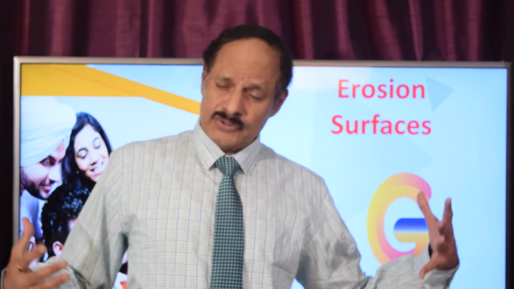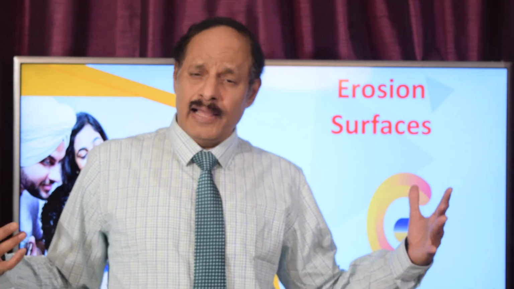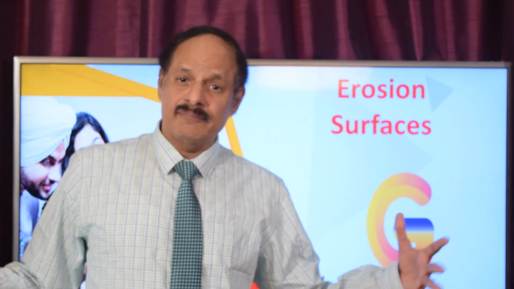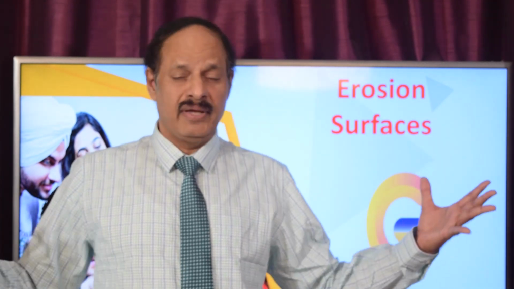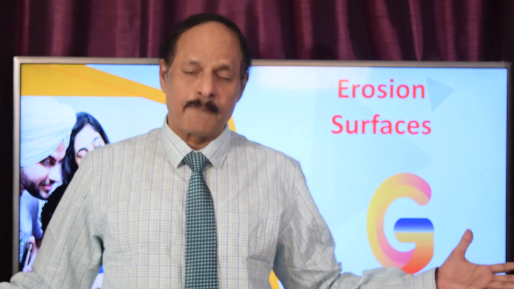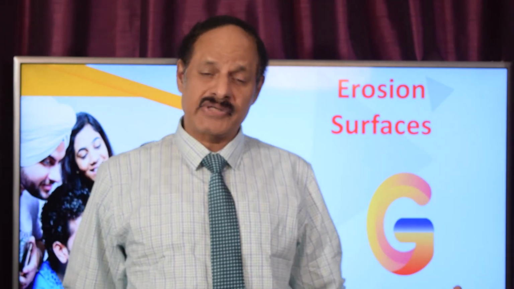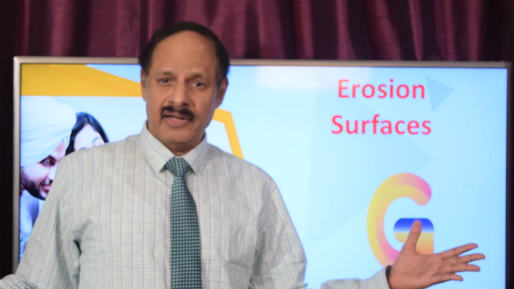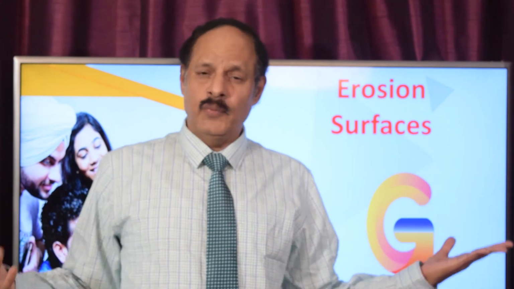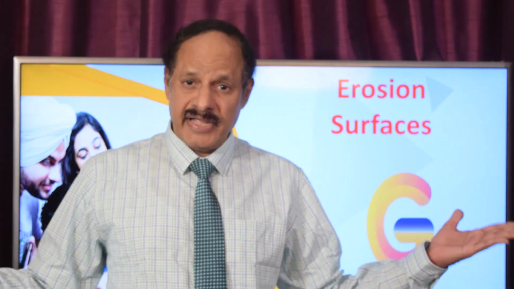Not only that, erosion surfaces also bring in a lot of important information related to the mineral deposits and the metallic deposits that occur today and how they came to be formed as we see them today. An erosional surface, if you see it in a stratigraphic column, is generally called an unconformity, where it divides rocks of different ages. But not all buried unconformities are erosional surfaces.